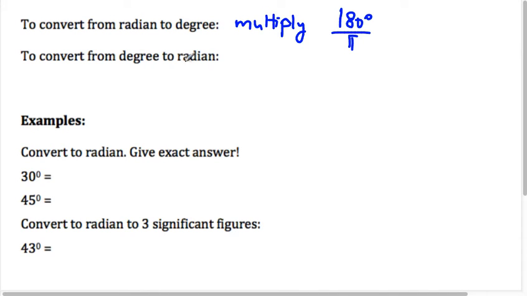And the other way around, if you want to convert degrees to radian, then you will multiply by pi over 180.